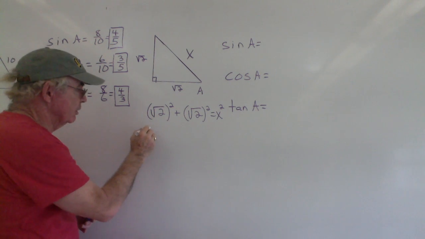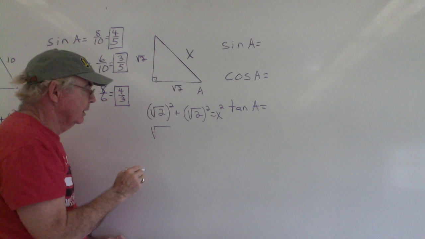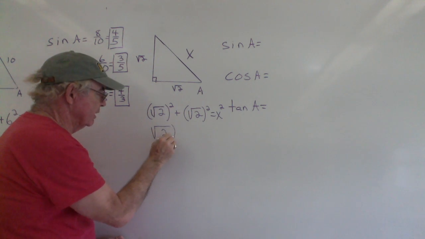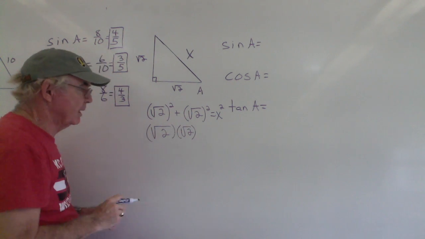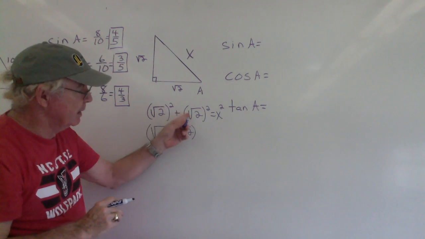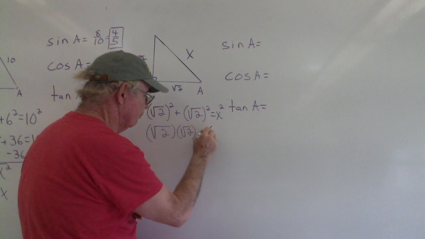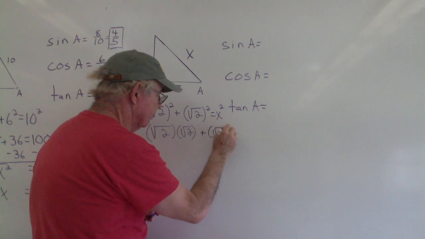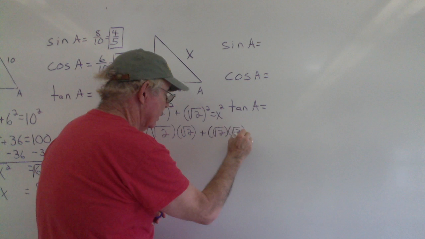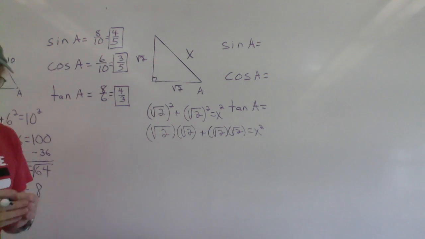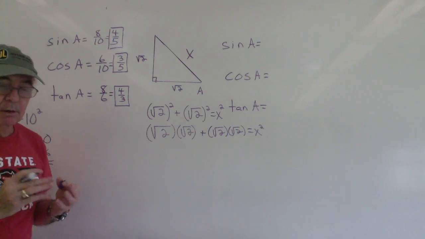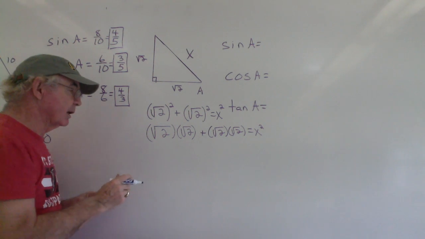And the square root of 2 times the square root of 2, let me just write this out because sometimes students have a little question about that. And we write it out again. And some people remember if you multiply a square root by itself, you get what's under the square root. That's true. Some people like to see it this way.